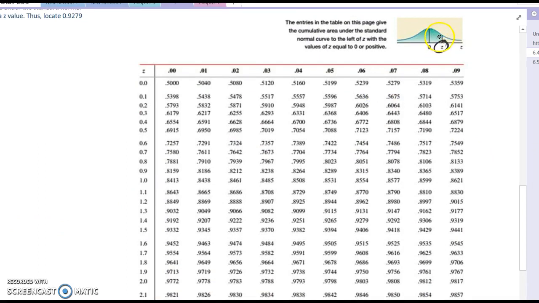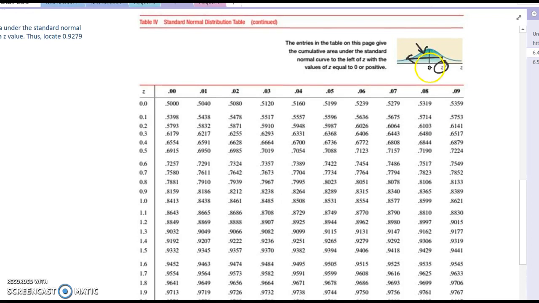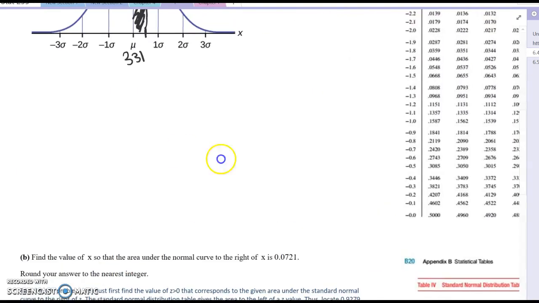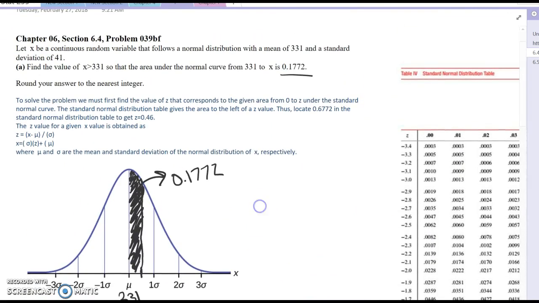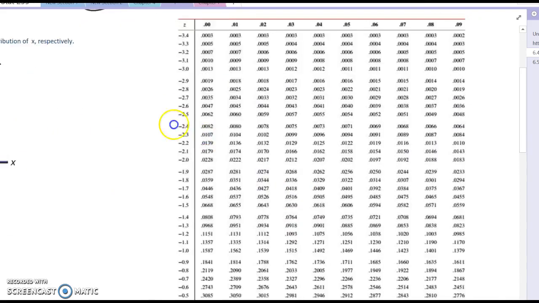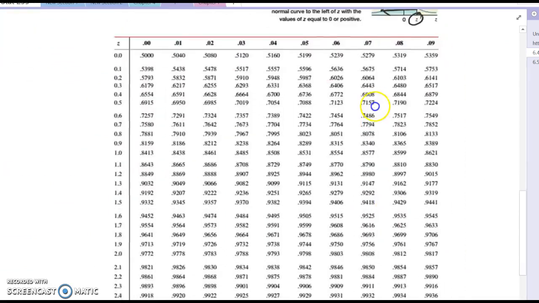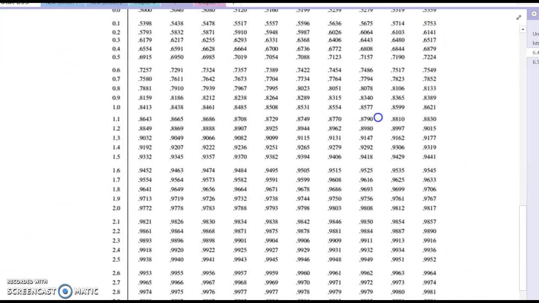It gives you the area that is to the left of the z value, where the area from your mean to the left is 0.5, right? So really we're going to try to find a z value that corresponds to 0.5 plus this, which is going to be 0.6772. So looking at this table, I'm looking for a 0.6772.